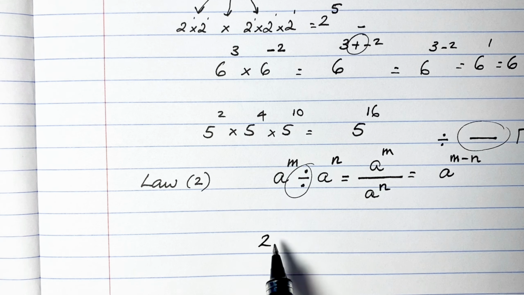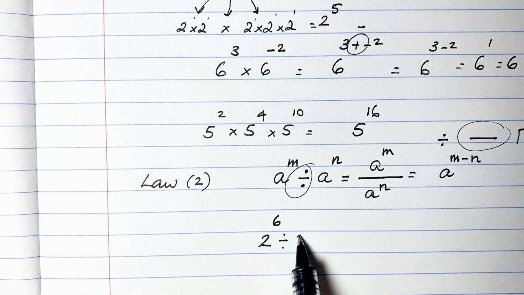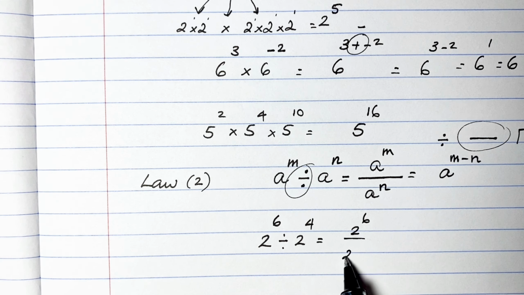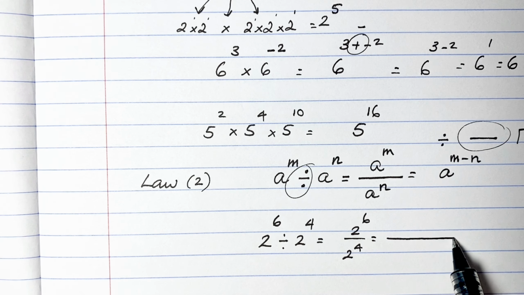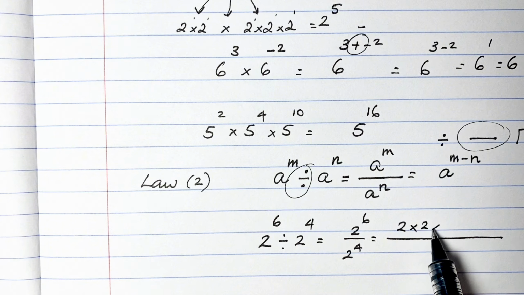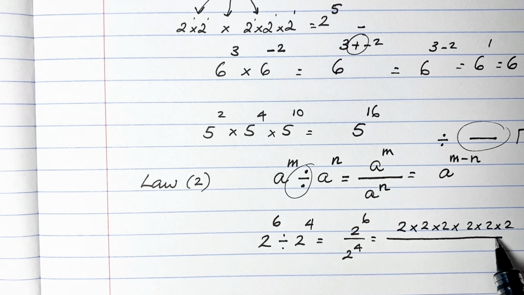So we have 2 to the power of 6 divided by 2 to the power of 4. Let's explain what happens, and then we apply the law. So I need to multiply 6 2's at the top, because it's 2 to the power of 6.